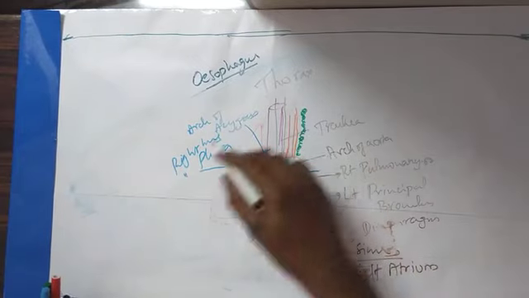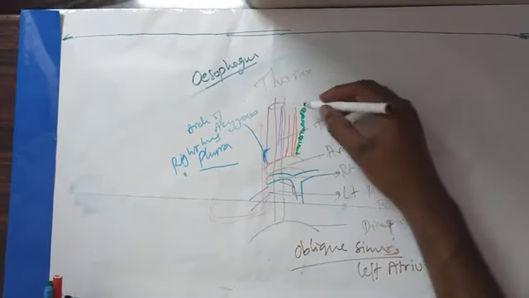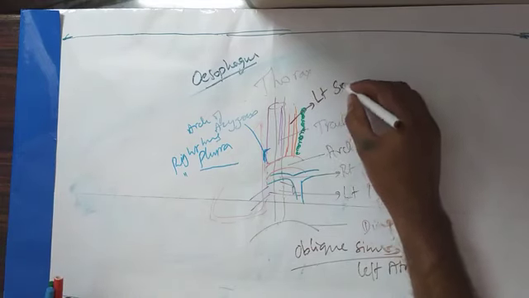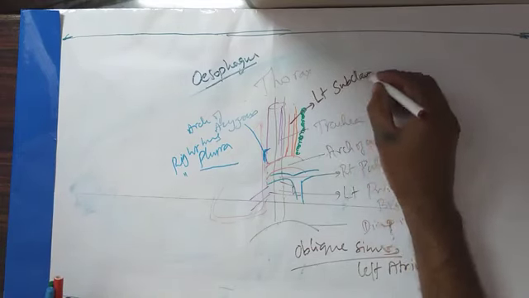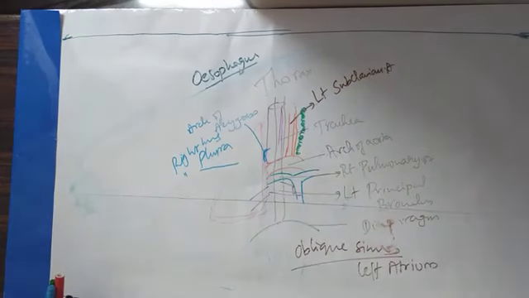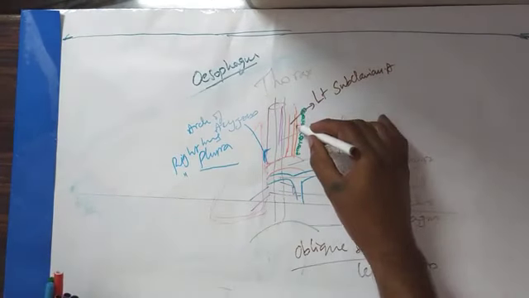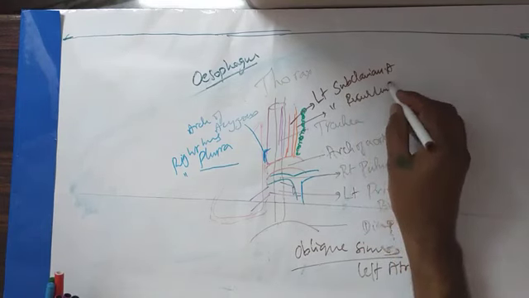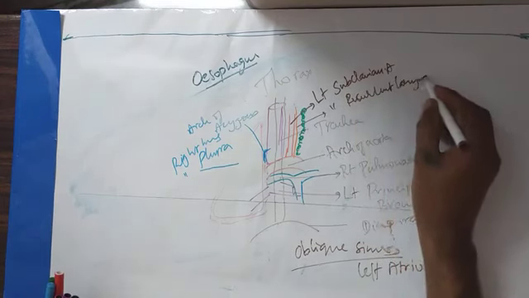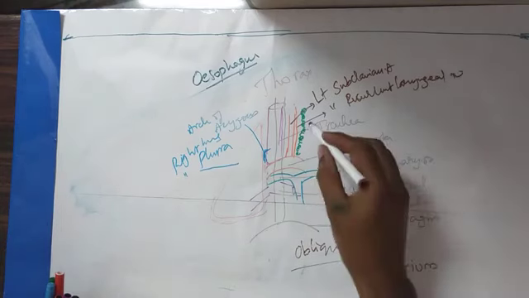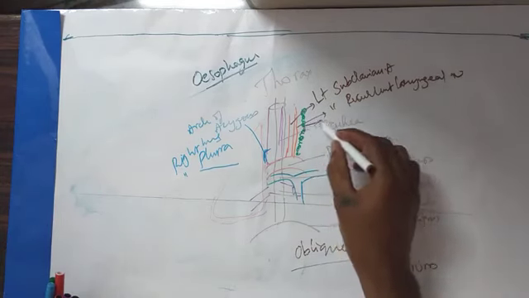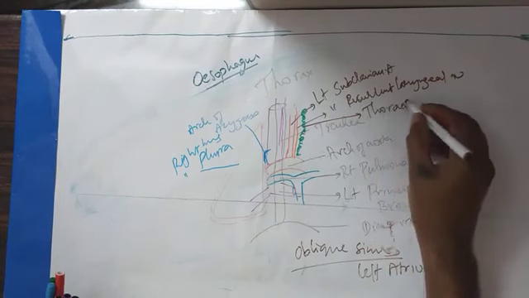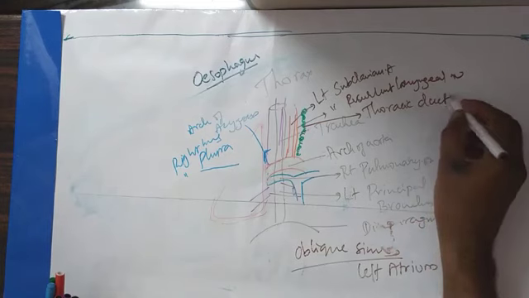So these are the right relations. Then left relations are, this is the artery, that is your left subclavian artery. What is this now? Left recurrent laryngeal nerve. And what is this beaded structure? That is your thoracic duct.